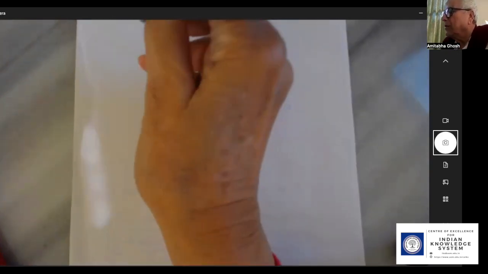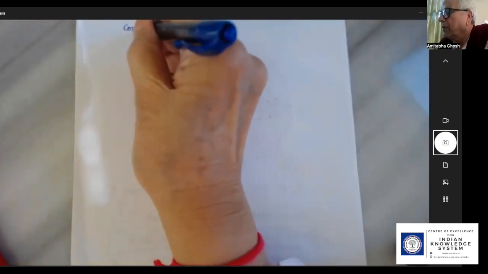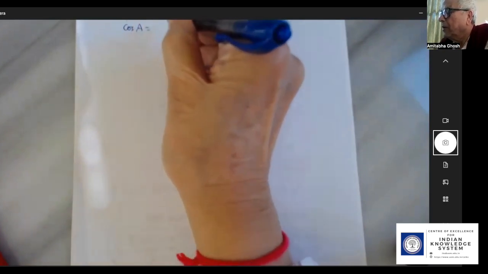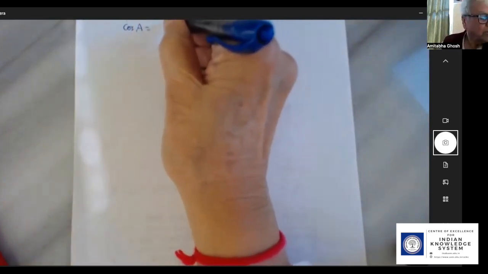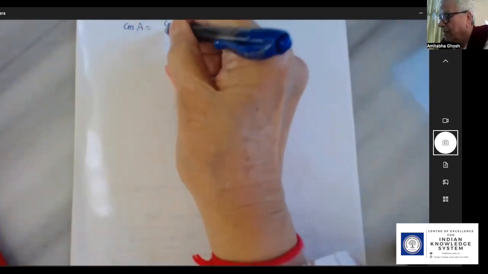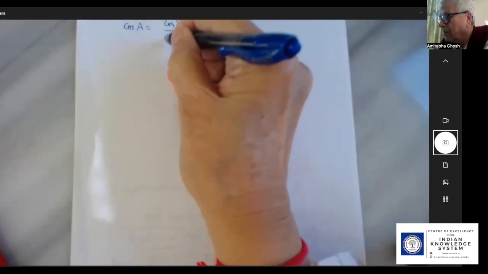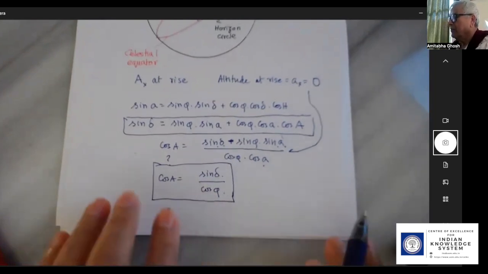So this what we have found out, that cosine of A is equal to, what was just now we derived? Sine delta by cosine phi. Sorry. Sine delta by cosine phi.